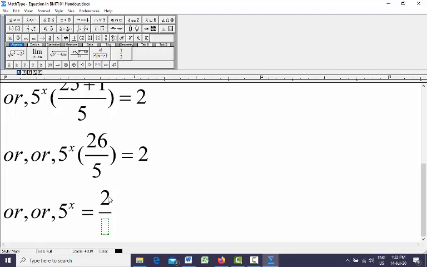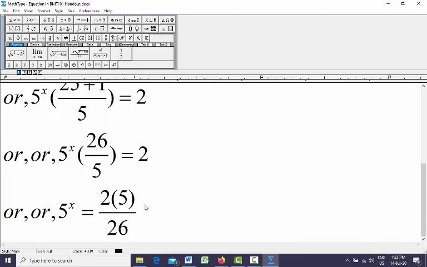So how should we write it? If I write dot as multiplication, you may get confused that we have 2.5 here. So let me not write it that way. We can put a bracket there. So you can see this 5 will get cross multiplied with this 2, so that means 2 multiplied by 5, and then this 26 will come in the denominator here.